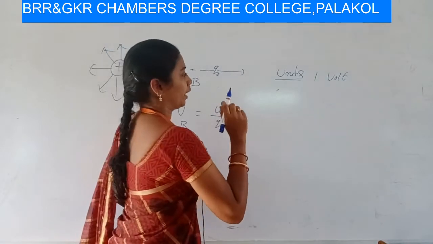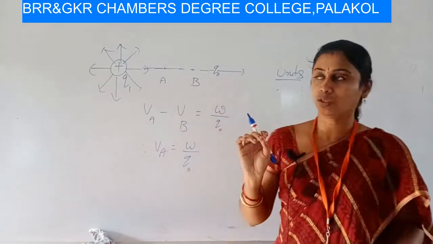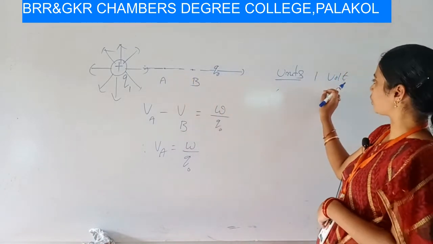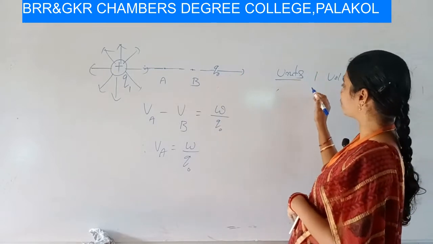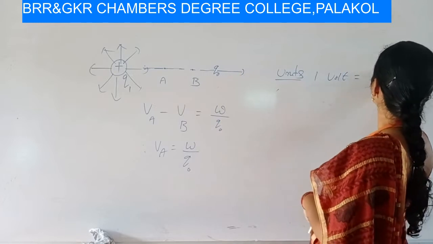Here, to bring a 1 coulomb positive test charge, the work done is 1 joule from infinite position to that particular point. Then the unit for electric potential difference is 1 volt equal to 1 joule per coulomb.